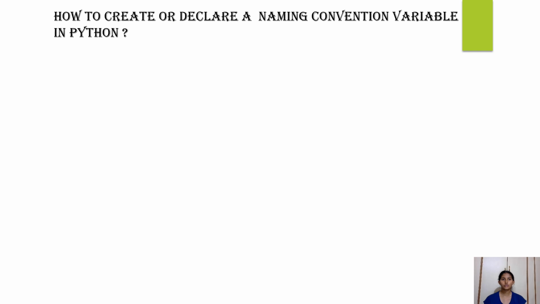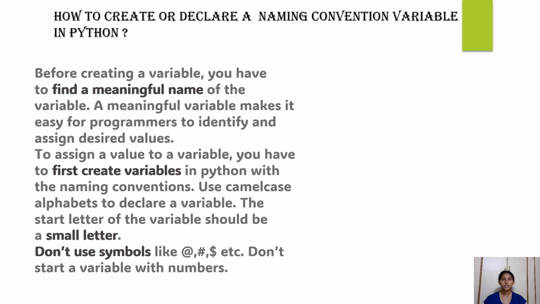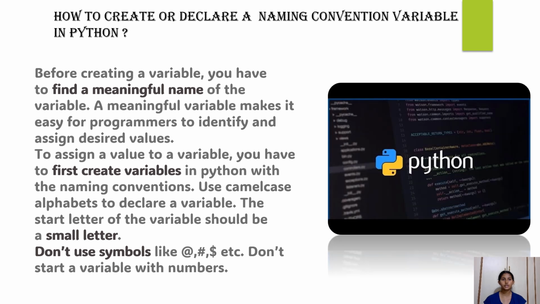So let's go to how to create or declare variables with naming conventions in Python. Before creating a variable, you have to find a meaningful name for the variable. A meaningful variable name makes it easy for programmers to identify and assign desired values quickly.